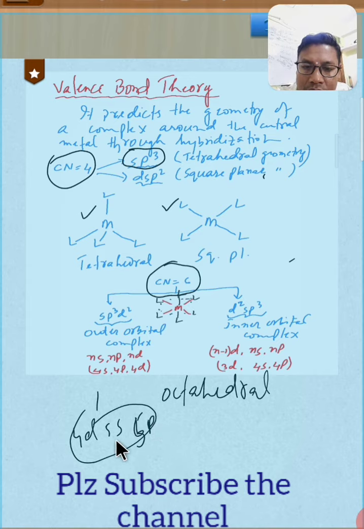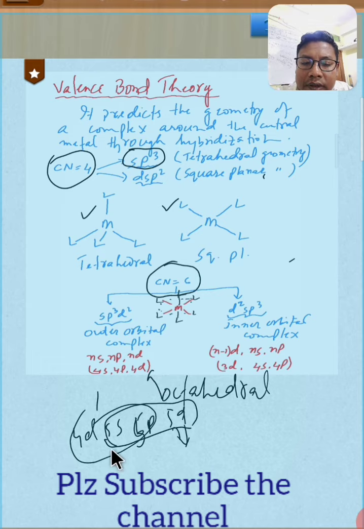This is just an example. So it is written here, if sp3d2 is the hybridization, then this will be an outer orbital complex, because the outermost d orbital will be used in hybridization.